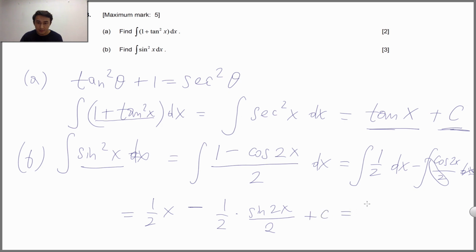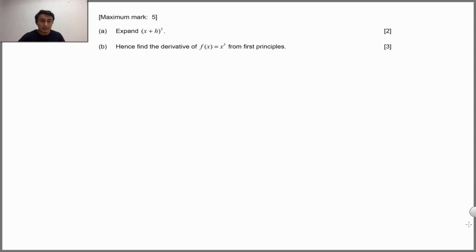And then the final version is x over 2, minus sine of 2x over 4, plus constant. This is the final answer. Alright, next question.